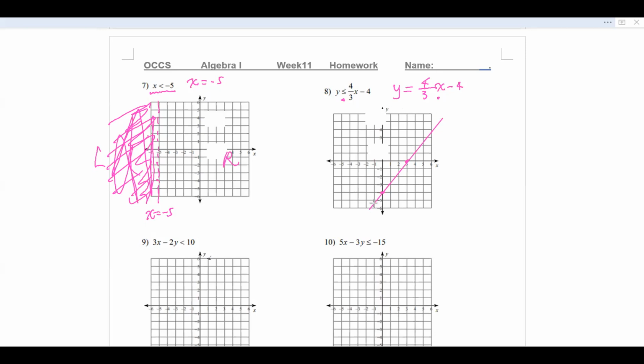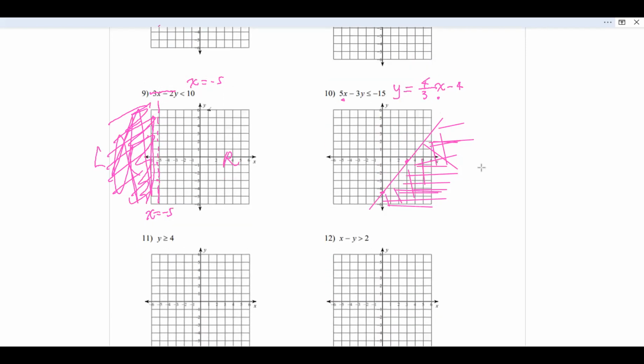Solid line. So which part? This part or this part? Less than or equal, so it should be the bottom part, right? So make this area shadow. All right, let's move on.